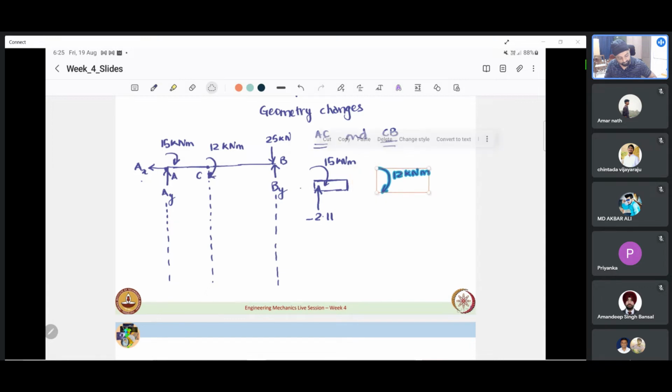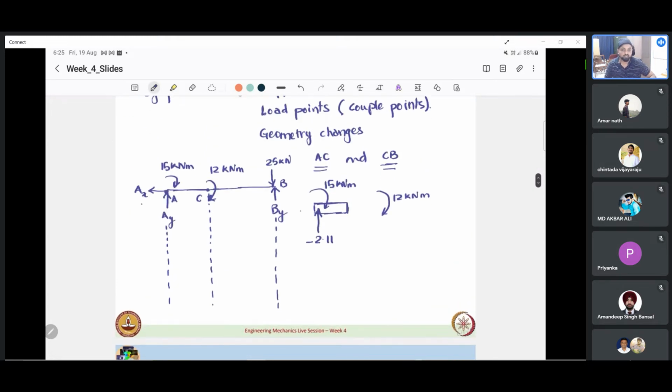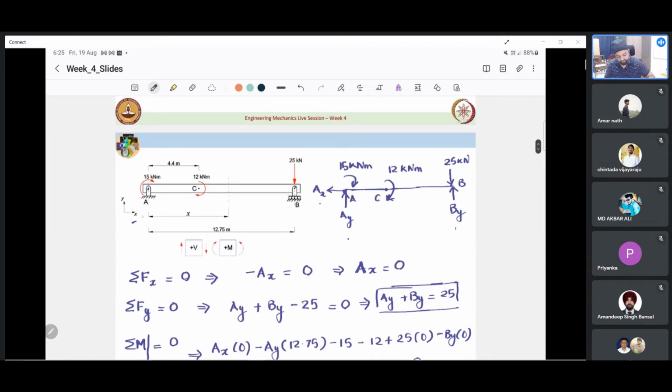Now I'll just use this a little bit because I want to explain something there. If I move it here, it is applied at C. Now at this section C, from the section we have cut, we can see that it is a positive surface because the outward normal is going in the positive x direction. At C we will have an outward normal going like that if we cut and take the left side portion.